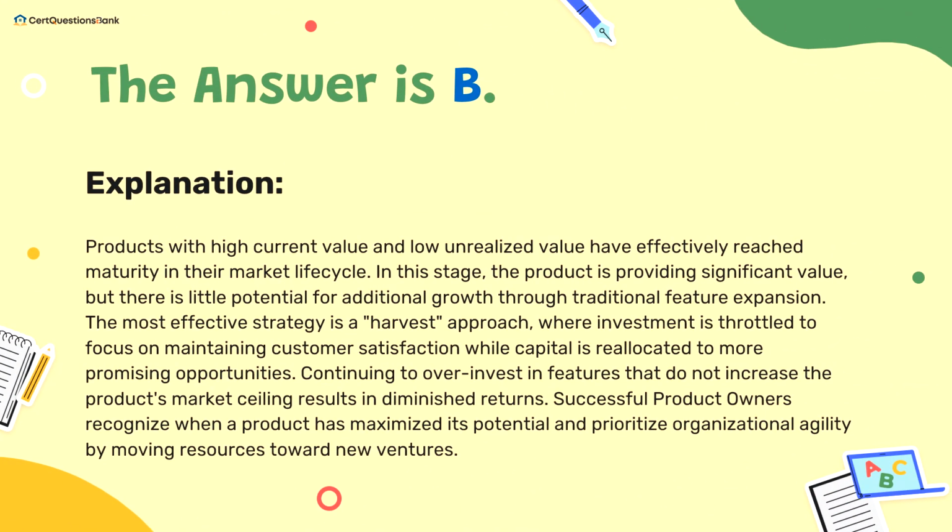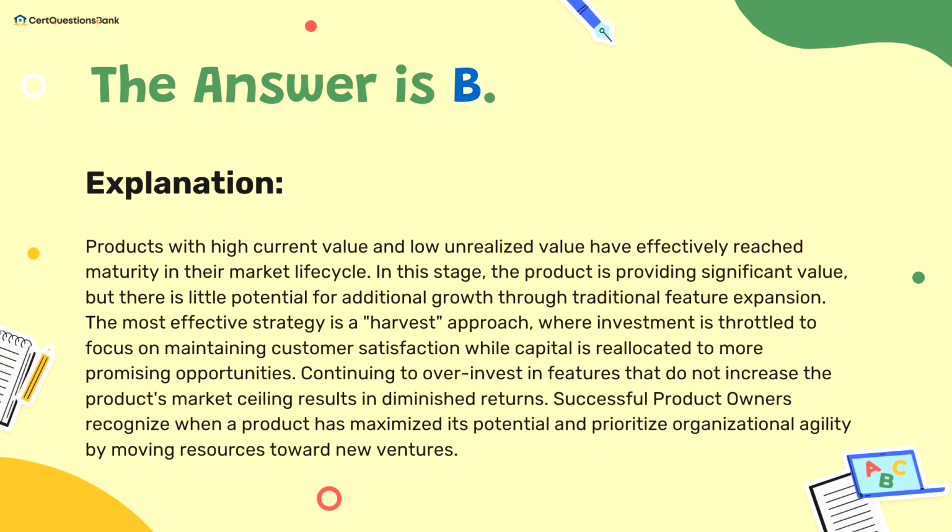The answer is B. Products with high current value and low unrealized value have effectively reached maturity in their market lifecycle. In this stage, the product is providing significant value, but there is little potential for additional growth through traditional feature expansion.